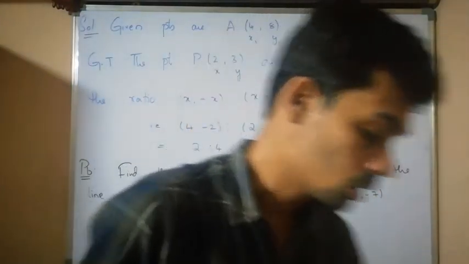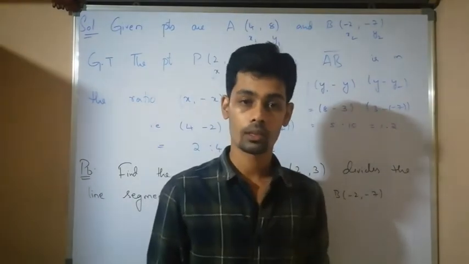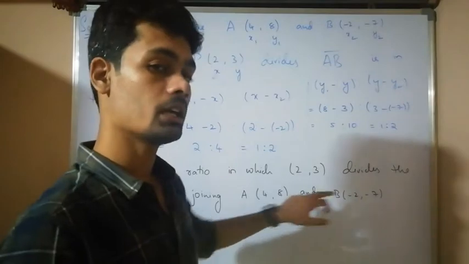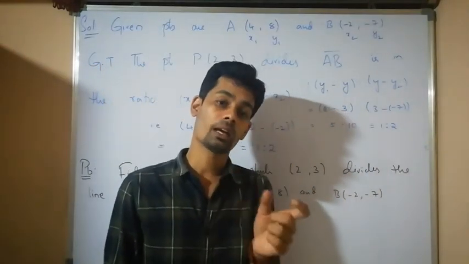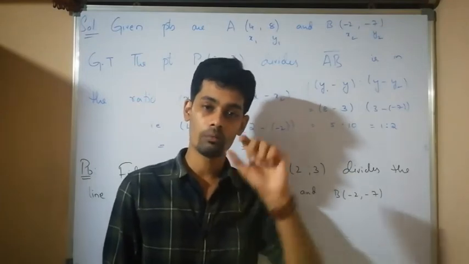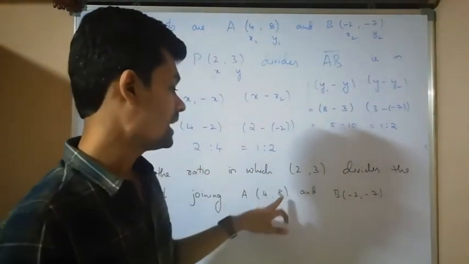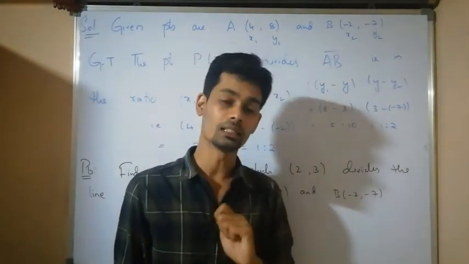Now we have also discussed in the previous classes that if a point P divides AB in the ratio m is to n, and if I make a product of m and n, if m into n is greater than 0, then I will say that P is dividing the line segment AB in the ratio m is to n internally.